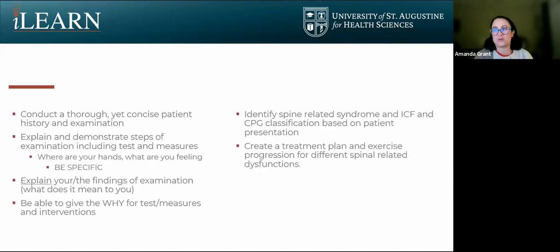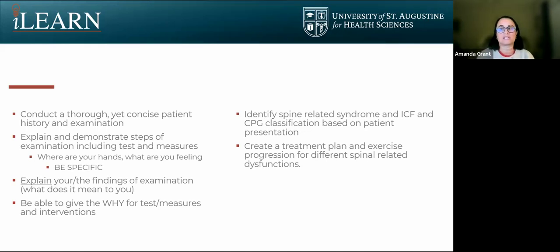Okay, so during this course, you are going to be learning how to conduct a thorough yet concise patient examination, including the history of the patient. And based upon your history, you should be able to hypothesize what may be going on with your patient, and then identify what tests and measures you should be doing and conduct that examination to best identify the impairments that are impacting that patient.